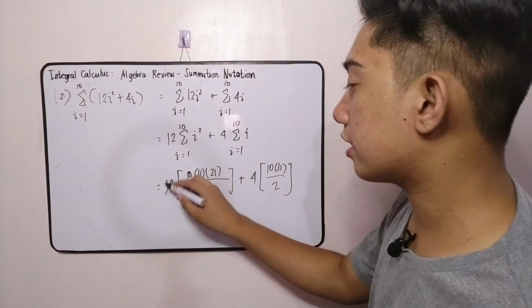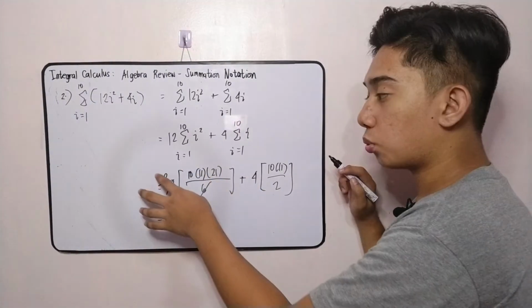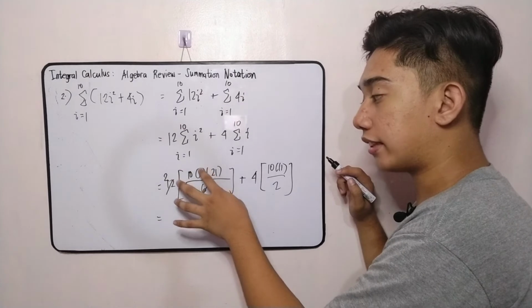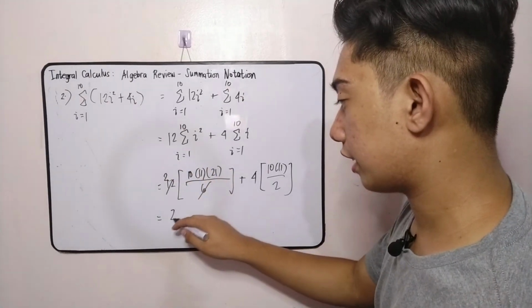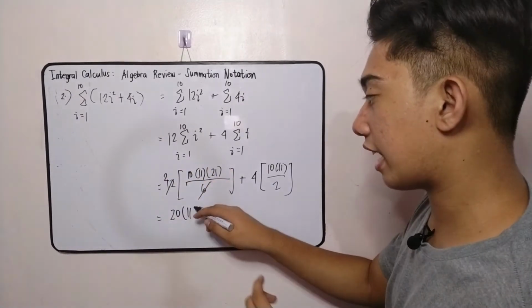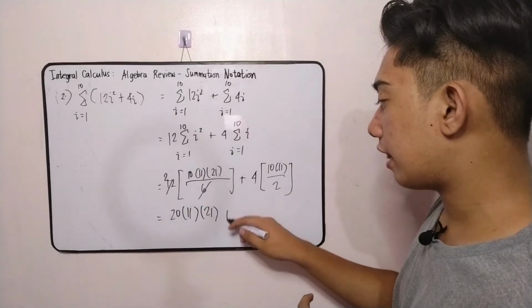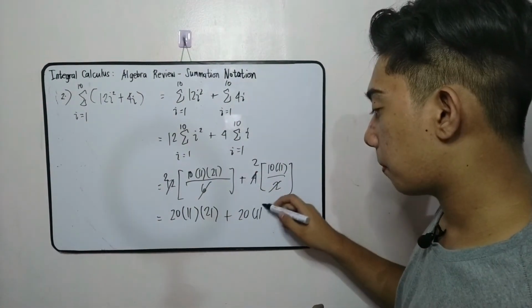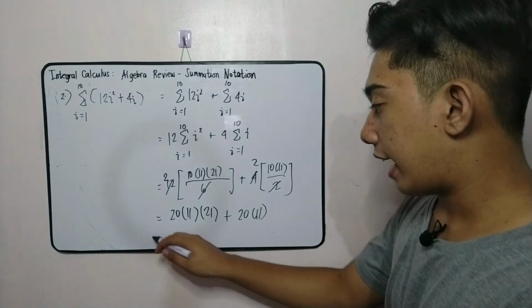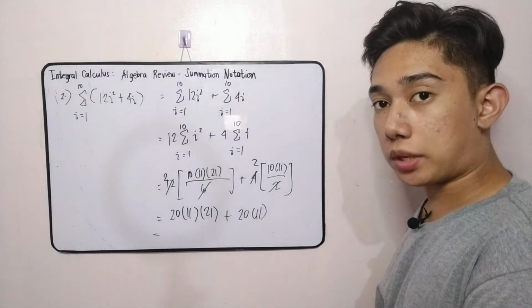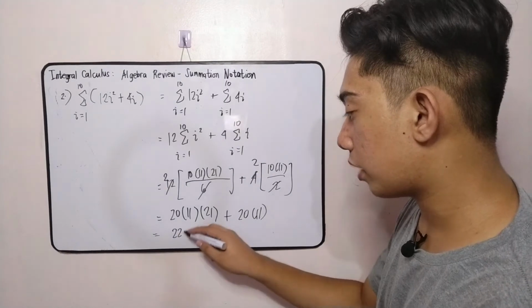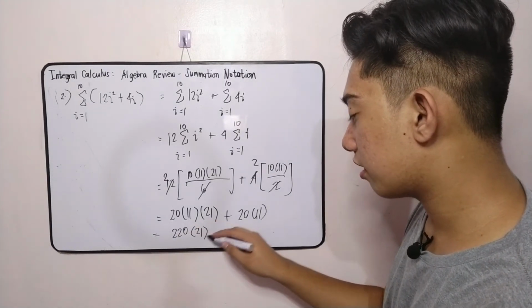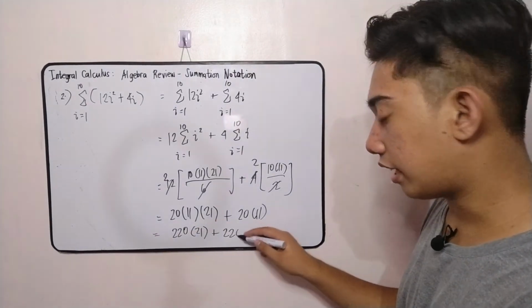This cancels. This becomes 20 times 11 times 21, because of the 2 times 10 written there. Then this cancels. This becomes 20 times 11 only. Okay? And because 20 times 11 is 220, 220 times 21 plus 220.